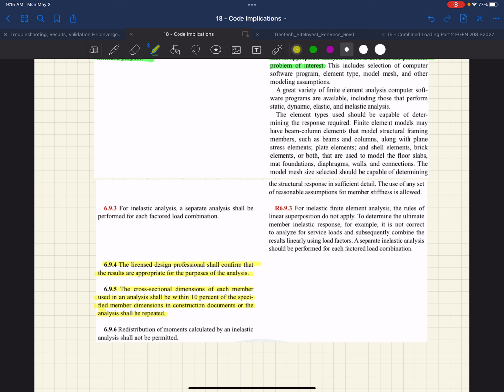You can analyze it, and then in the construction documents you could make it 10% bigger, which is crazy, or smaller. So a 20 by 20 section could be a 19 by 19. That's concrete for you.